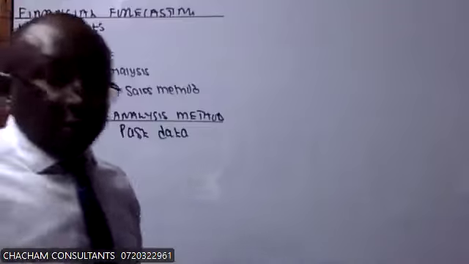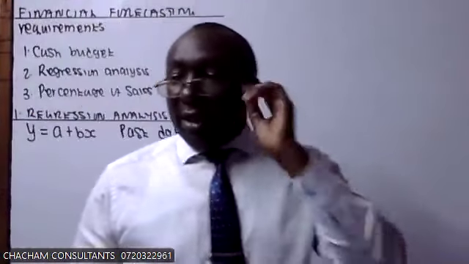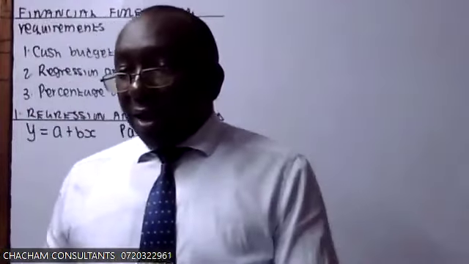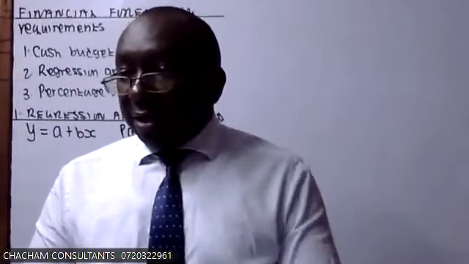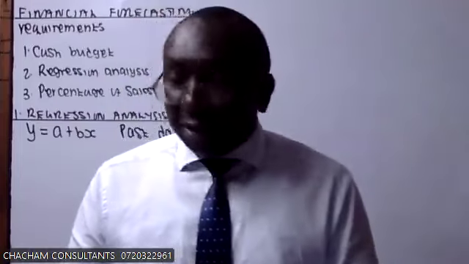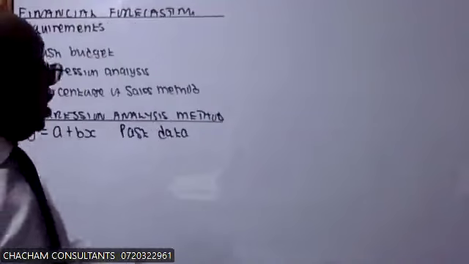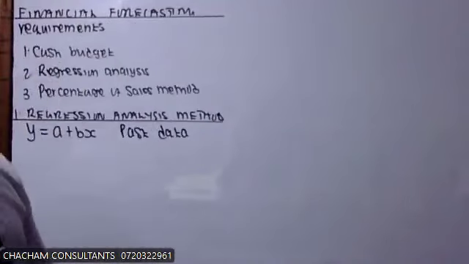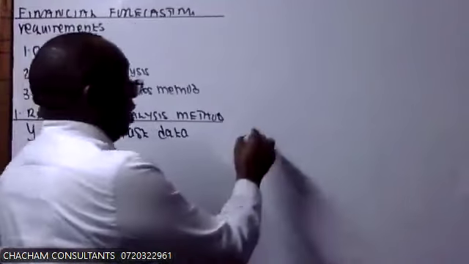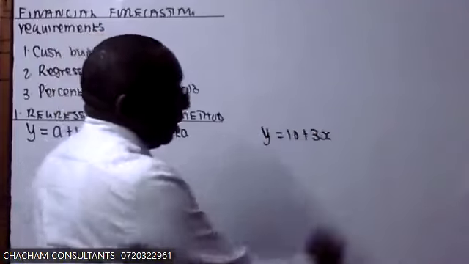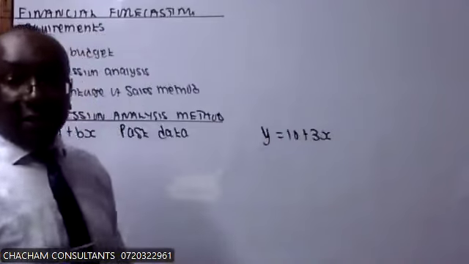Okay, so this method is as simple as that. I was just trying to find whether you can find a question on the same, but there is no single question in the past papers that we have on the same. But basically, we just develop an equation, like maybe the equation you get is y is equal to 10 plus 3x.